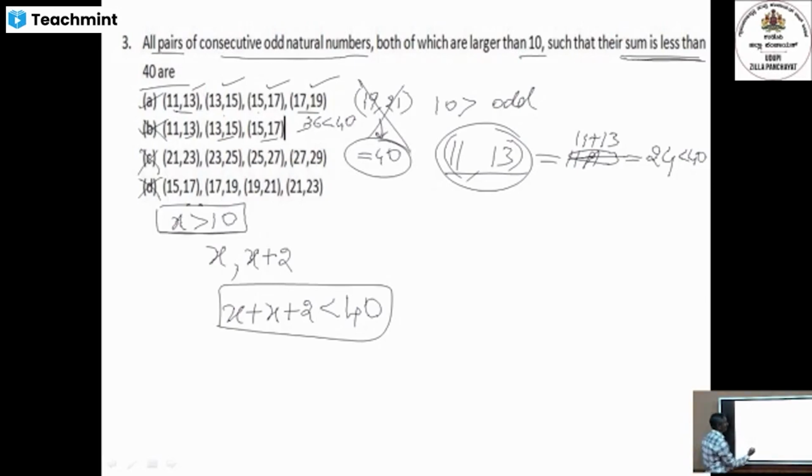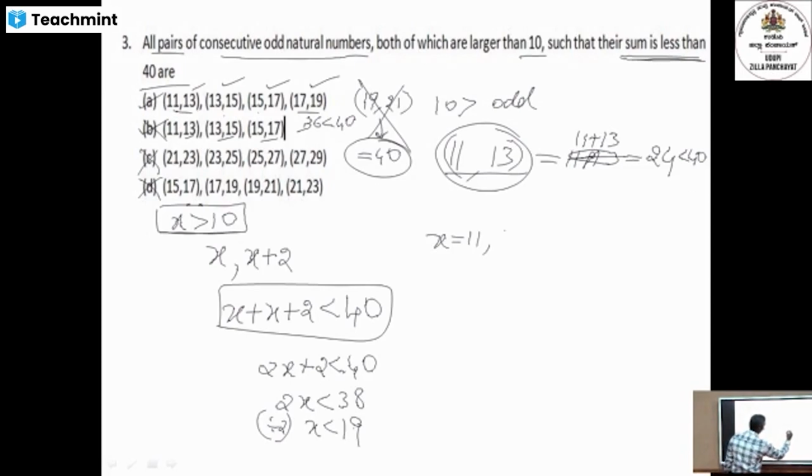We will check this condition now. x plus x plus 2 less than 40. That means 2x plus 2 less than 40. We take 2 to the other side: subtract 2, you get 2x less than 38. Divide by 2, you get x less than 19. So x values are 11, 13, 15, 17, and not 19, because x should be less than 19.